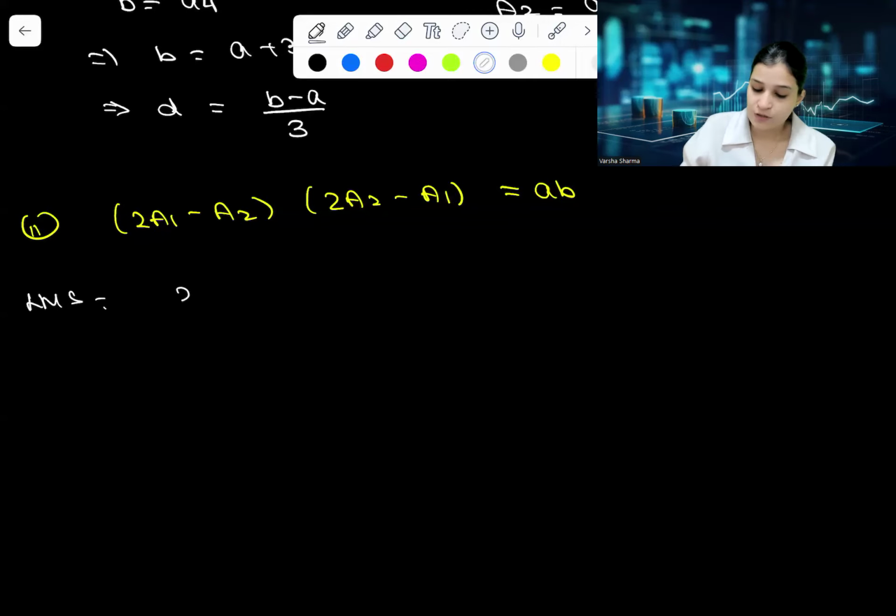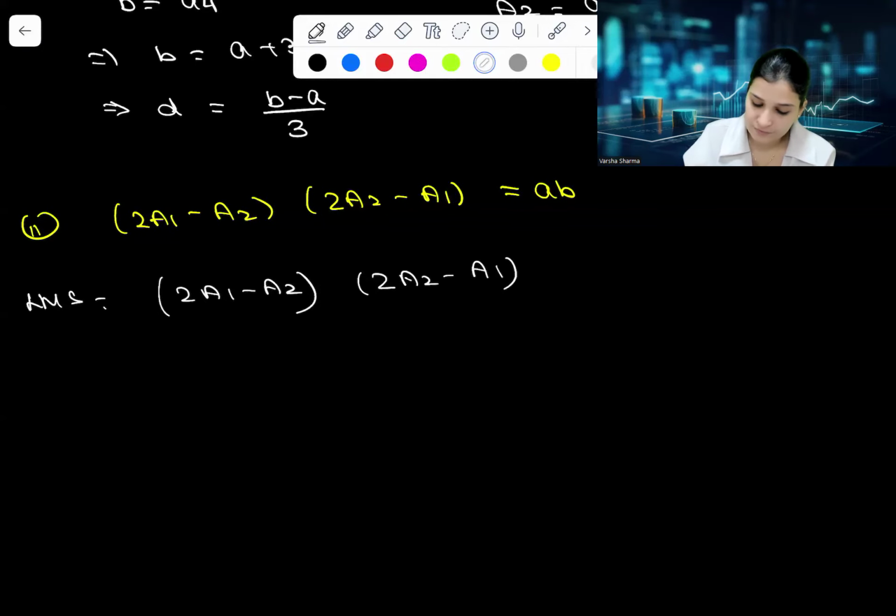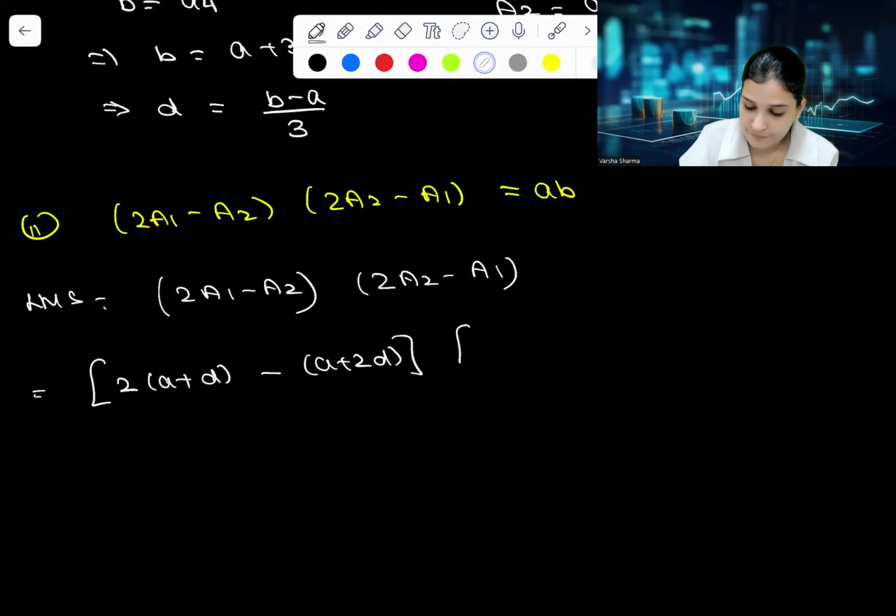LHS: twice A1 minus A2, twice A2 minus A1. A1 is A plus D, A2 is A plus 2D.